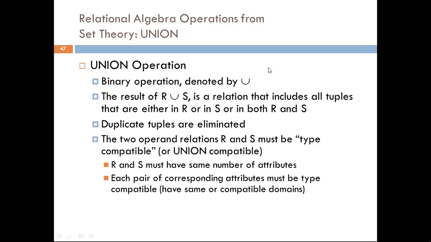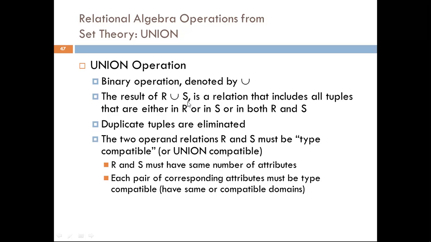If we consider two tables R and S, the result of union is represented by R union S. The result is also a relation which includes all the tuples from table R as well as all the rows from table S. Here duplicate tuples are eliminated.